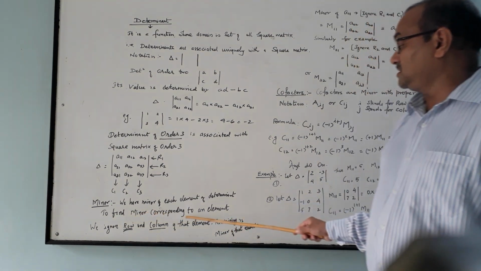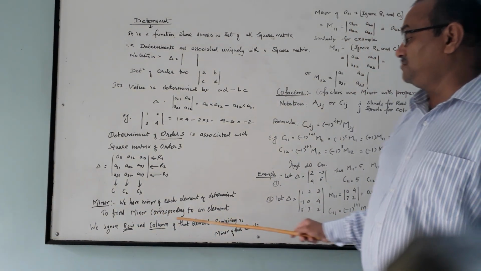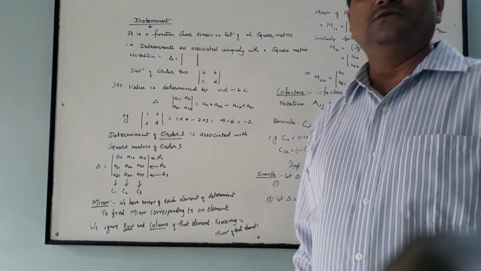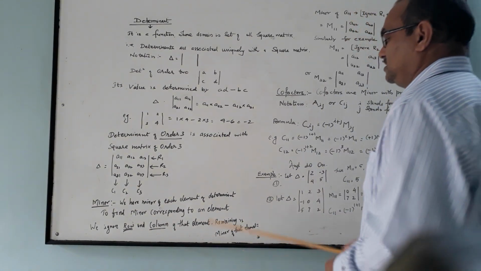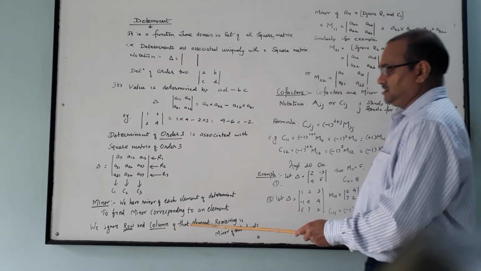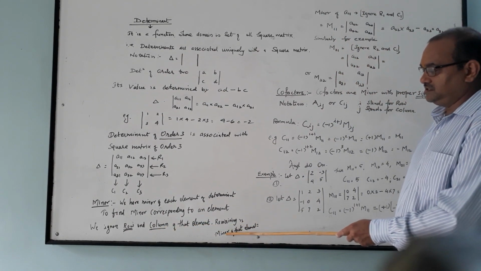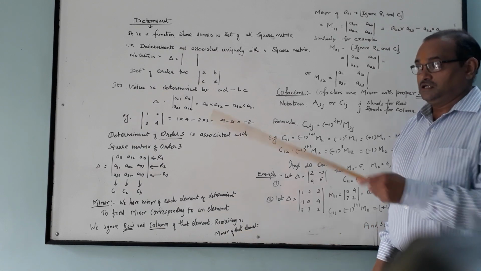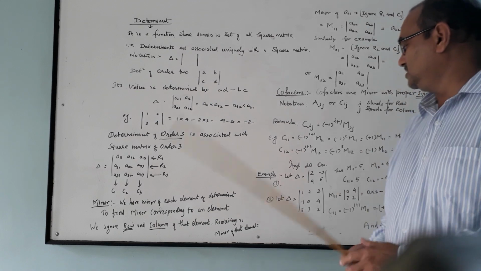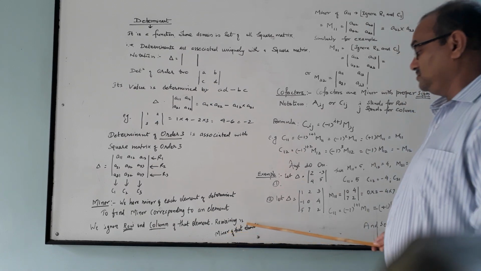To find the minor corresponding to an element, we have to ignore the row and column of that element and write the remaining. Whatever is remaining gives the minor corresponding to that element.